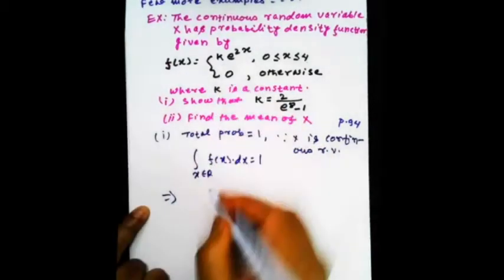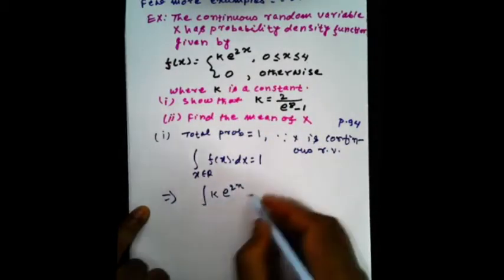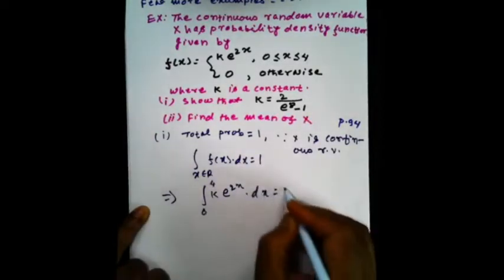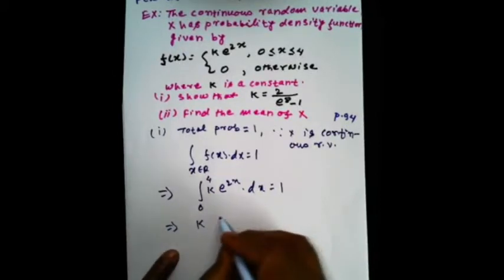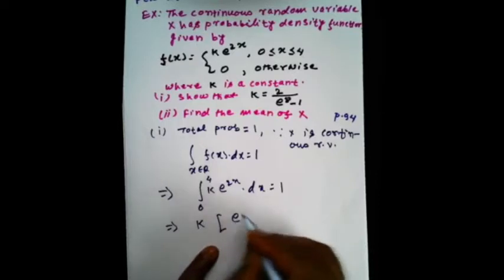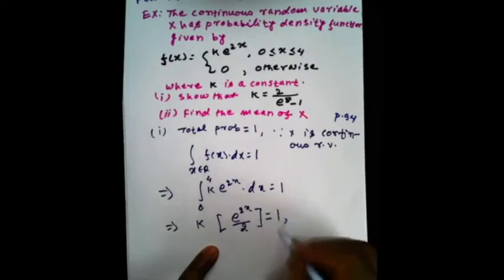Here f(x) is k times e to the power 2x, and then integration from 0 to 4 dx equals 1. Since k is a constant, we keep it outside, and the integration of e to the power 2x is e to the power 2x over 2, and this equals 1.